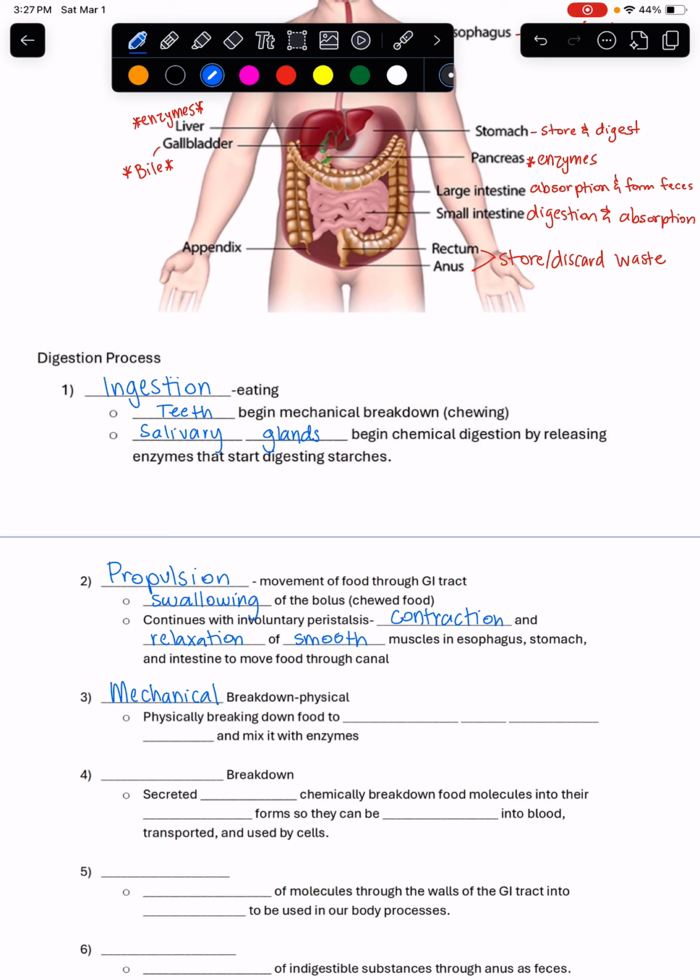So similar to how our teeth, like we said, our teeth do mechanical digestion because our teeth are moving up and down, crushing our food, breaking it into smaller pieces physically. We also are going to do that in other places throughout our body. So we are going to physically break down food to increase the surface area and mix it with enzymes.